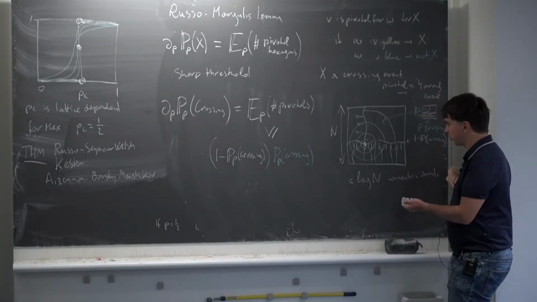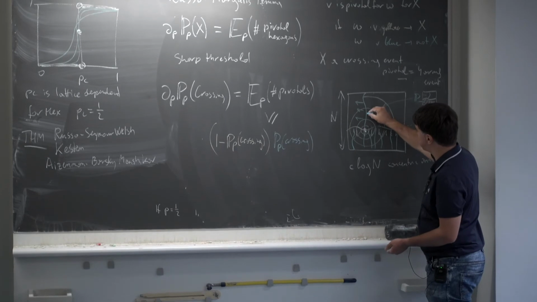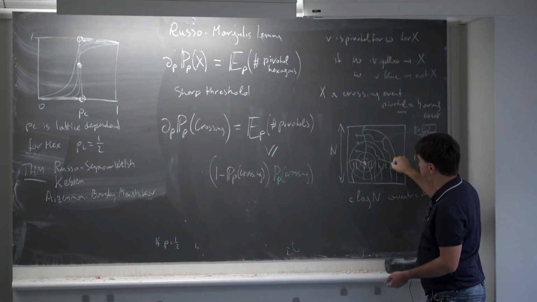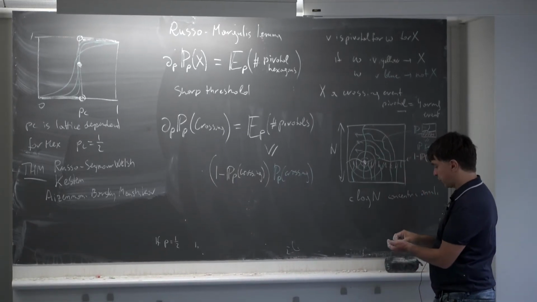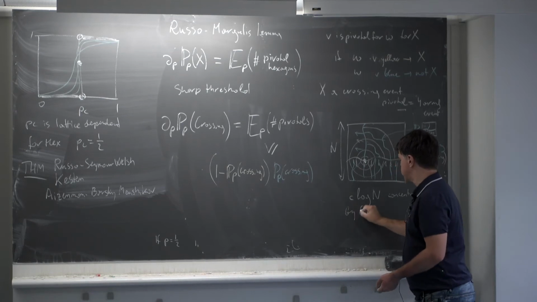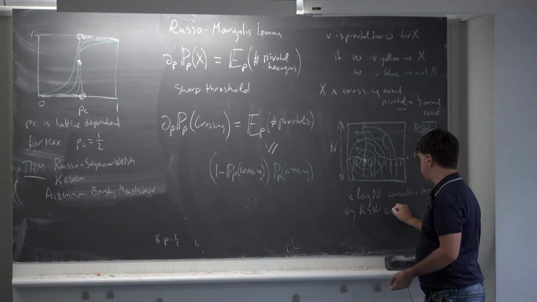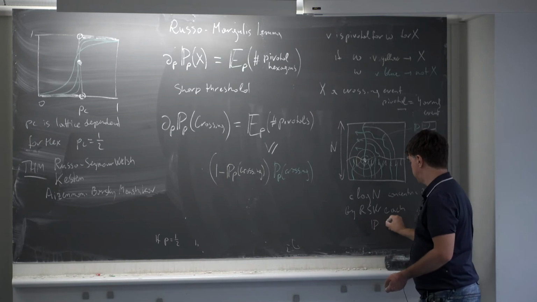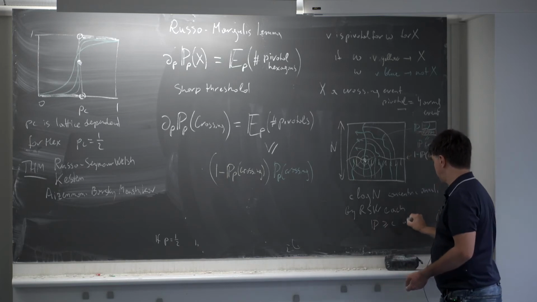And in each of them, by Russo-Seymour-Welsh, there is a positive chance of finding a crossing. So by Russo-Seymour-Welsh, each has probability at least some constant of crossing.